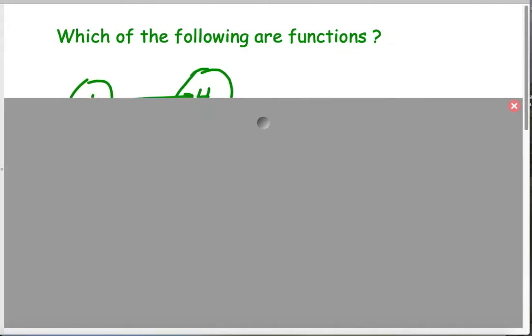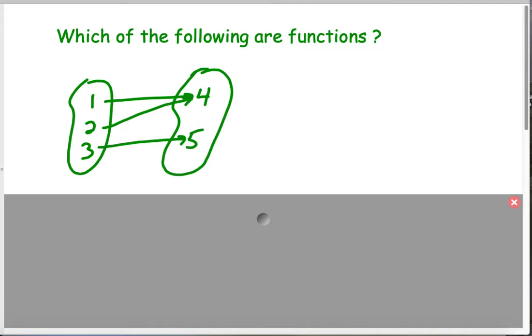All right, let's look at some more examples. Which of these are functions? So here's a mapping. Is this a function? Well, what we need to look at is, are there any elements of my domain that are getting matched to more than one element in my range? And no. 1 is only getting matched to 4. 2 is only getting matched to 4. 3 is only getting matched to 5.